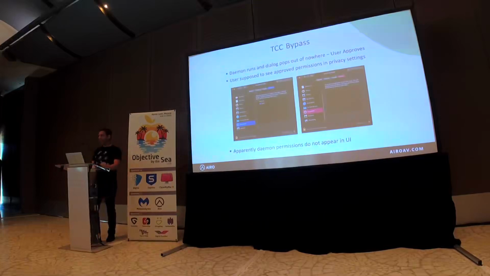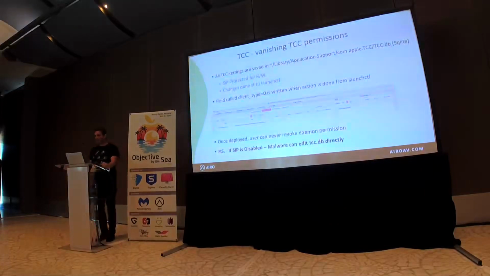But I can tell you it's intentional, because if you look at the TCC.db, which is the SQLite database where all the settings for TCC get written, you can see a field called client_type. And when client_type equals 0, you will not see these settings in the privacy settings. This is also a cool advantage of running as a daemon.